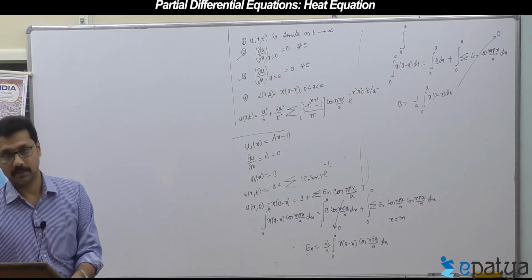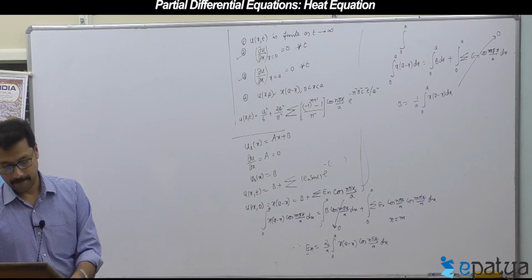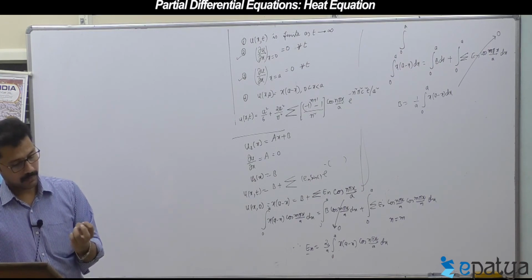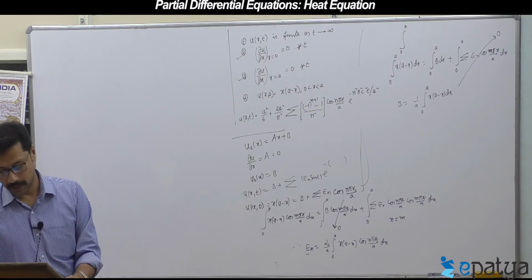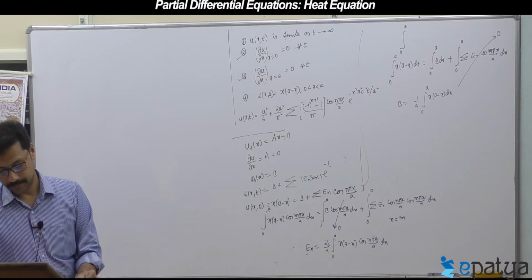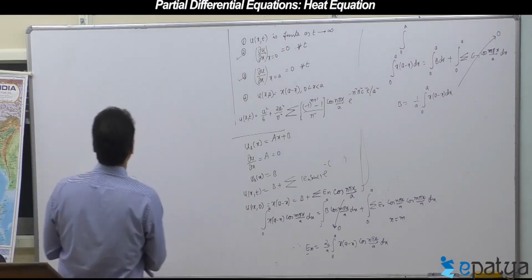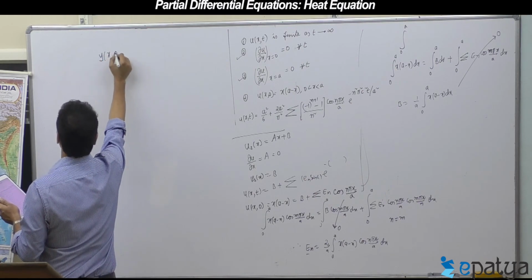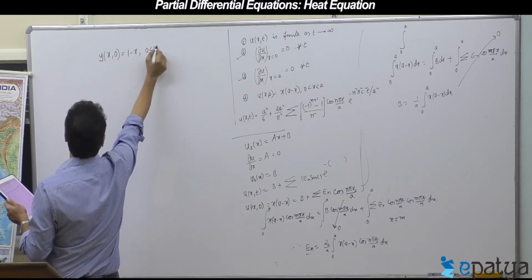Obtain the temperature distribution y of x comma t in a uniform bar of unit length, whose one end is kept at 10 degrees centigrade and other end is insulated, and y of x comma 0 equal to 1 minus x, 0 less than x less than 1.